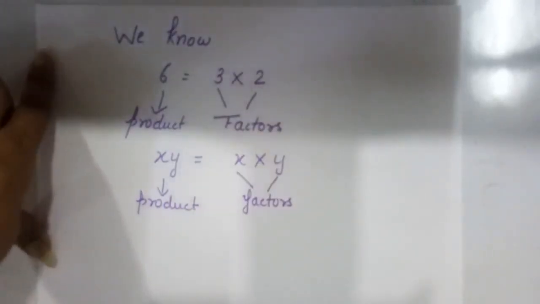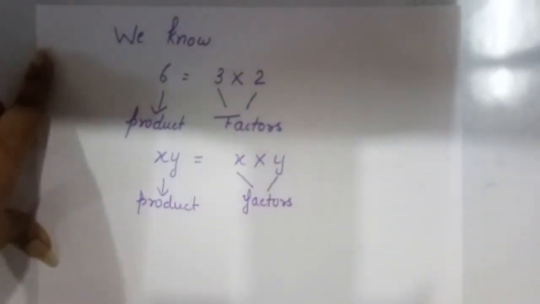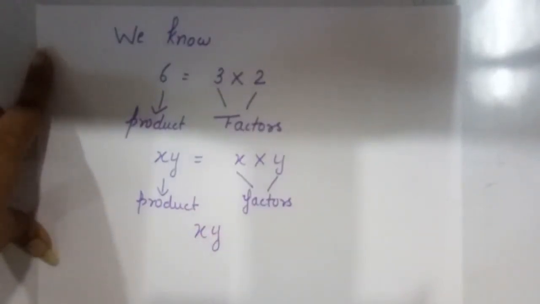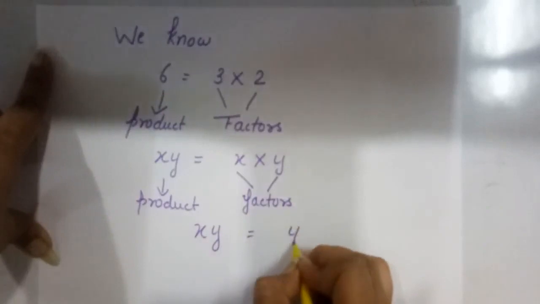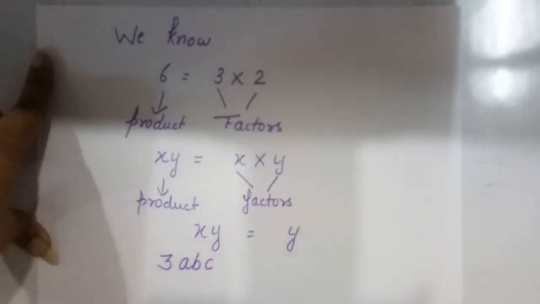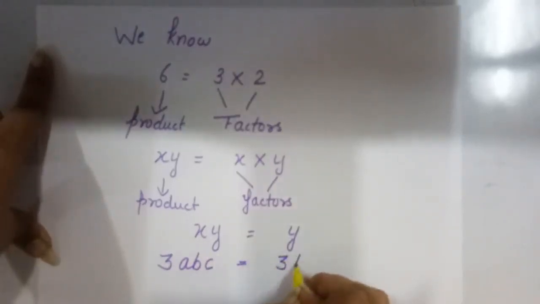Right. So now we have to find out the coefficient of x in xy, that is y. In the same way, if we have a term like 3abc, the coefficient of a in 3abc is 3bc.